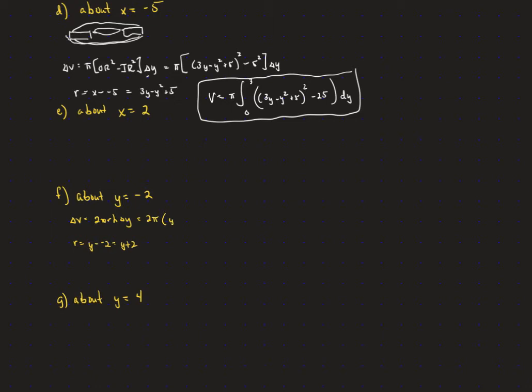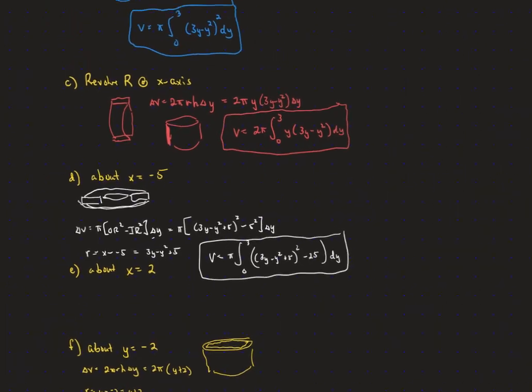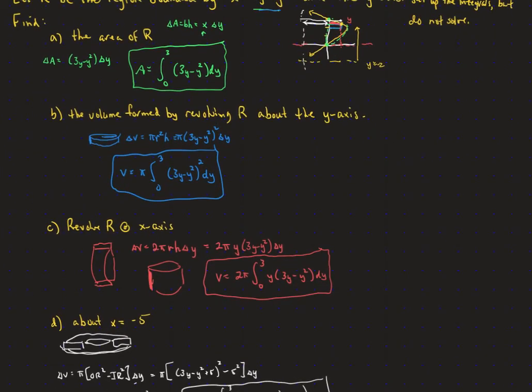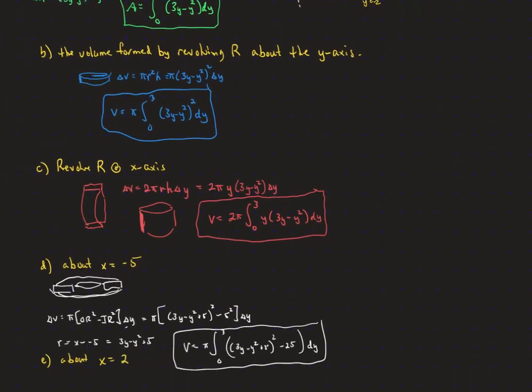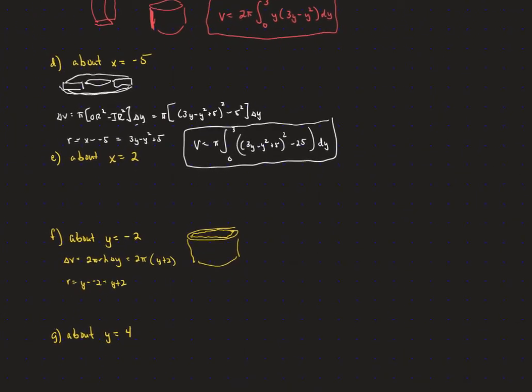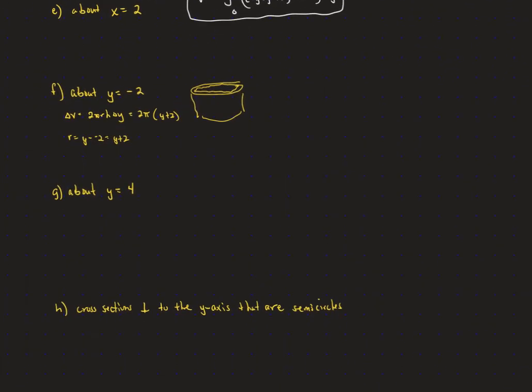So there's the radius. The height is again going to be that in our shell, which is going to look very thin. So it's a very thin cylinder there. So the height of our shell is going to just be our function. It's going to be that distance right in there. I kind of ran out of room there.